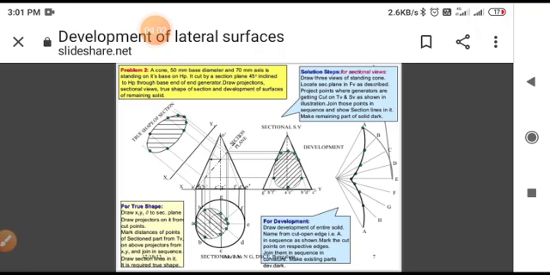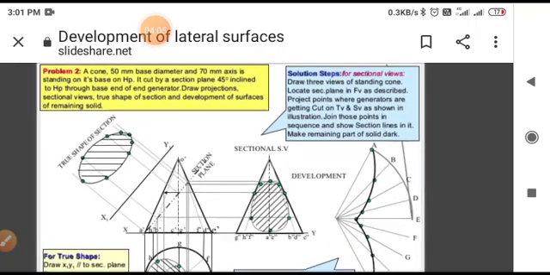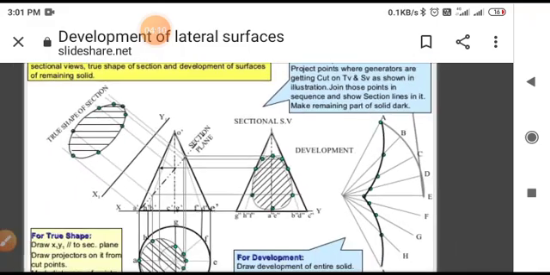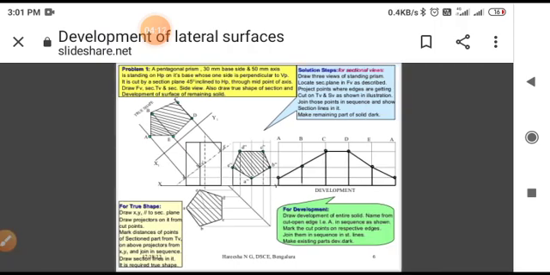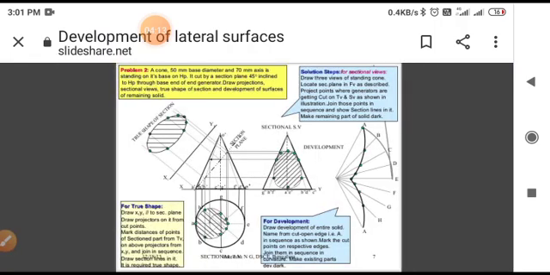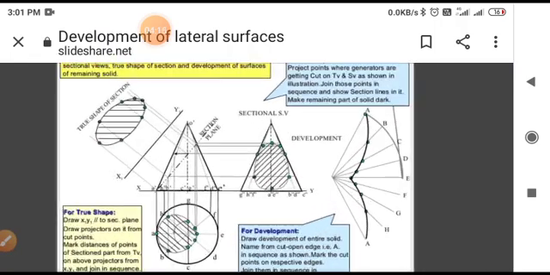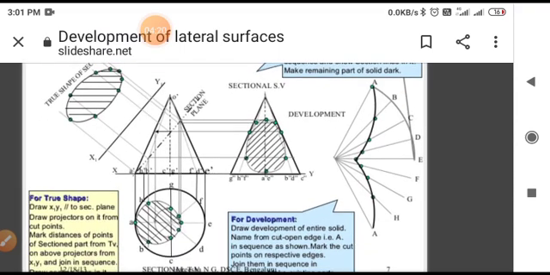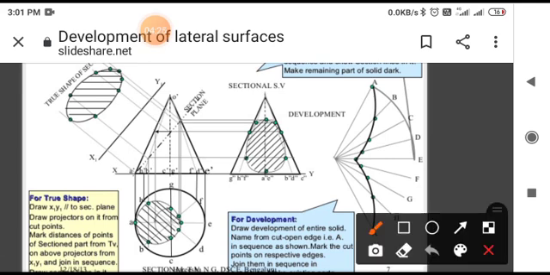Now here the next one is, you don't have to draw 3 views actually. If you draw them it will be quite simple, but there is no need to draw 3 views. They have told you to draw 3 views, but it is not necessary. You just have to draw this side view and top view.